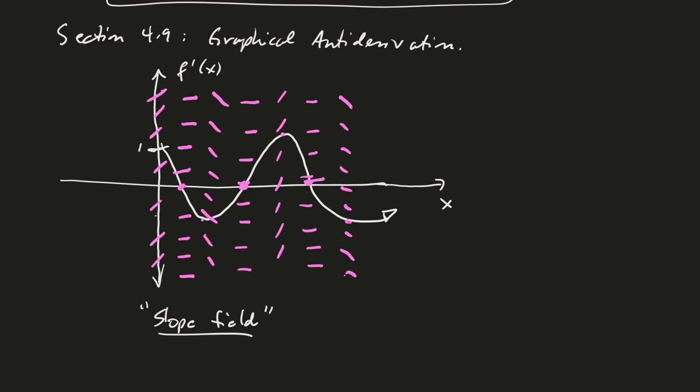So let's go ahead and see if we can draw a sketch of a function that's consistent with these. Let's see, maybe green. So this is going to come up. It's going to flatten out here, and then we're going to come down here. And notice that this is the steepest negative slope here, and so then it's going to come back around, and then this is the steepest positive slope here.